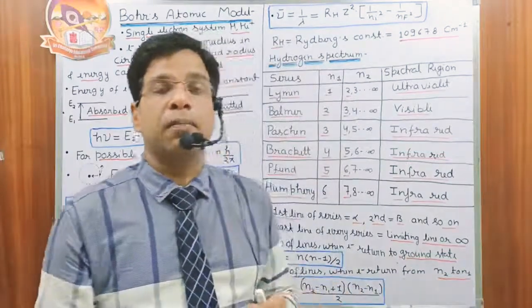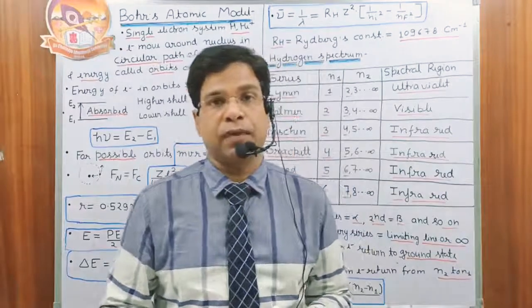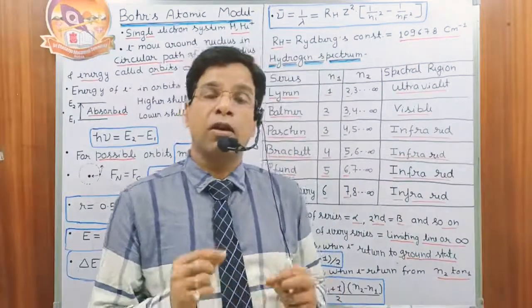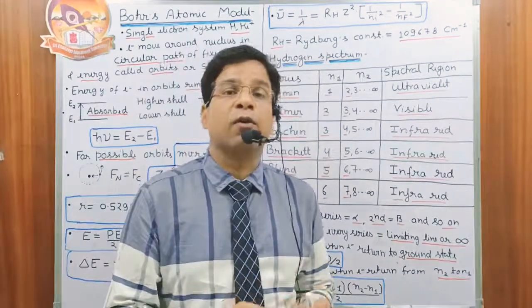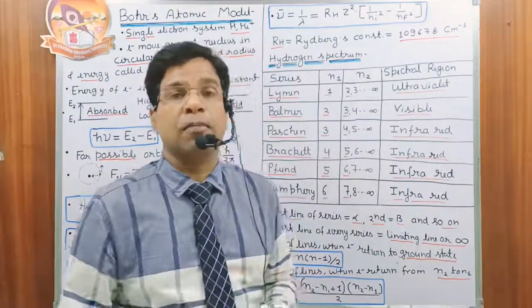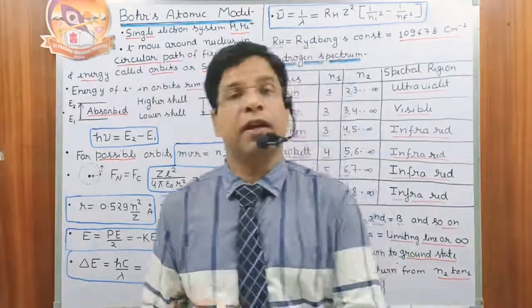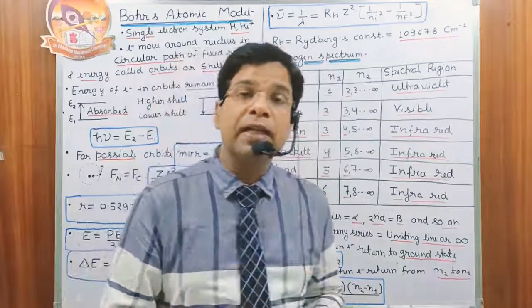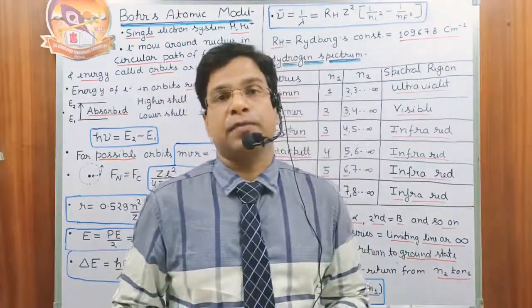This circular path has the fixed radius and fixed energy, and these circular paths are called the orbit or the shell. When electron moves in these circular paths, it neither releases the energy nor absorbs the energy. Its energy in the orbit always remains constant.